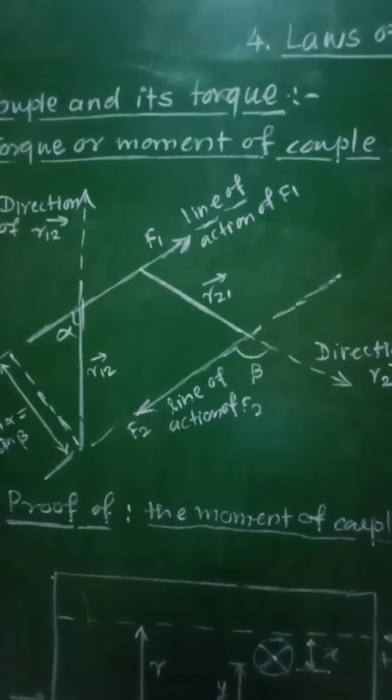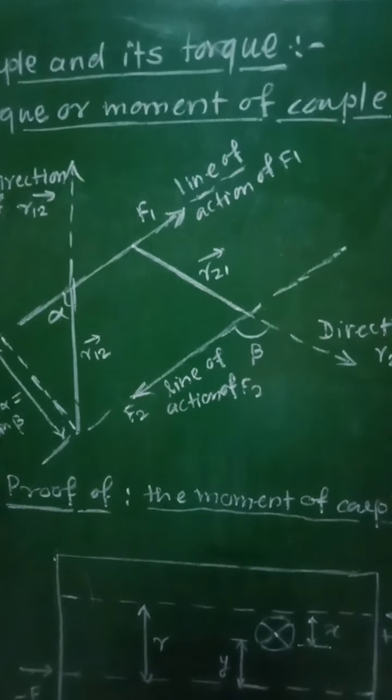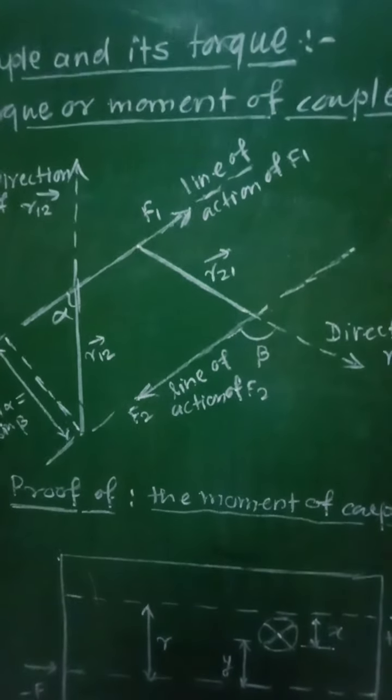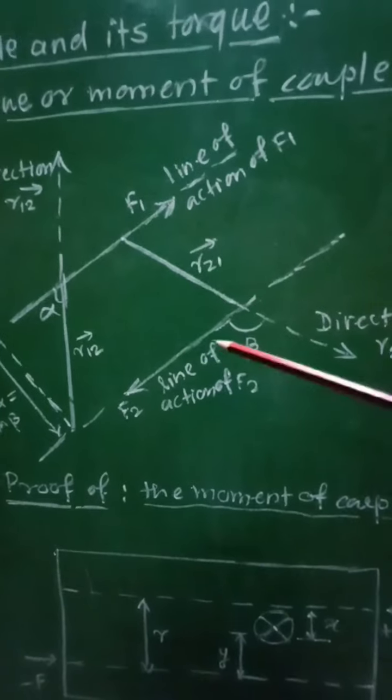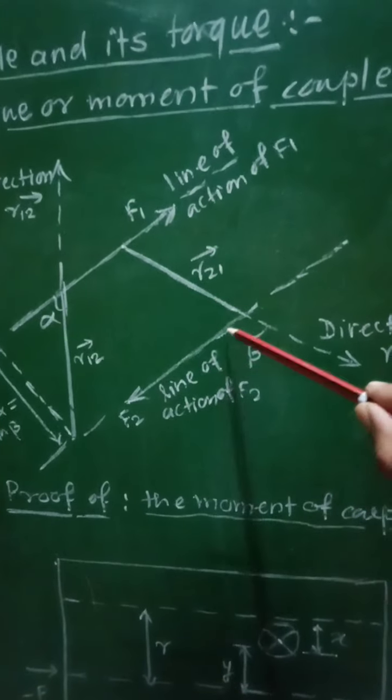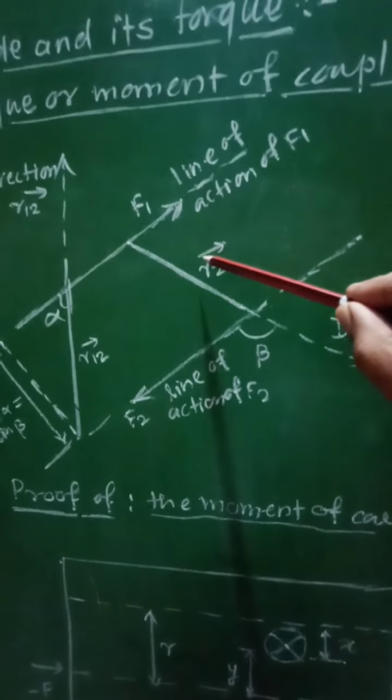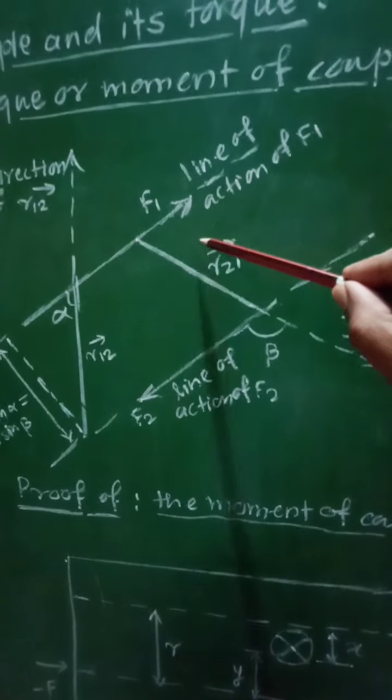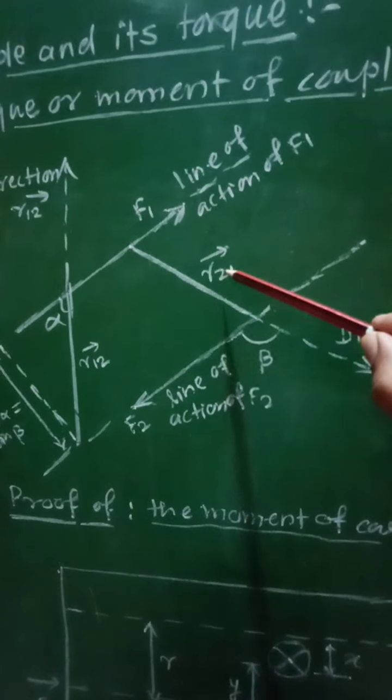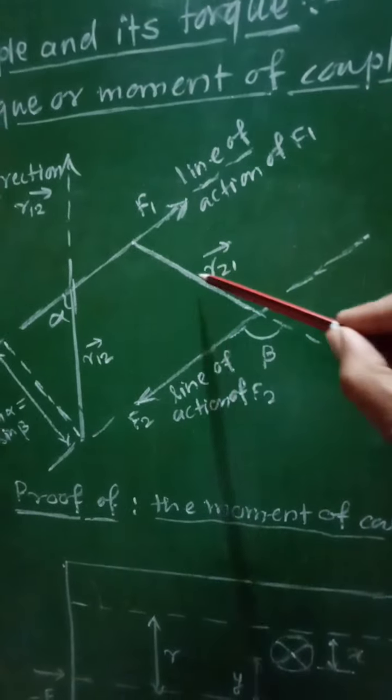And the position vector of any point on the line of action of F2 from the line of action of F1 is r21.